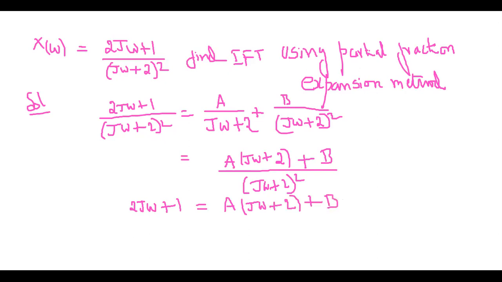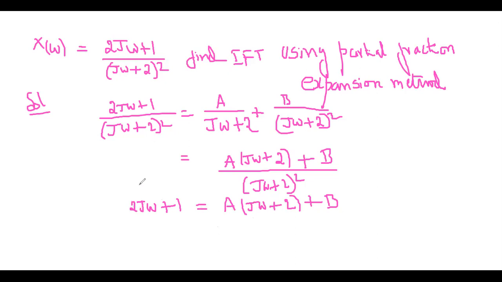Now I can find the a value and the b value by comparing the j omega coefficients on the left and right hand sides, or to find b, compare the constant values, or substitute j omega equal to minus 2.